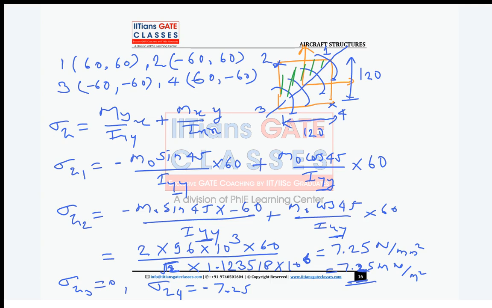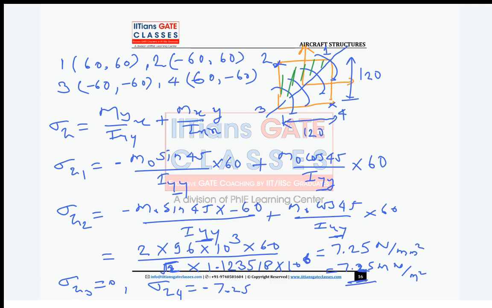So now, is the bending about x-axis or y-axis? I have written because both are same, na? Ixx equal to Iyy in this case. Everybody, is this question clear?